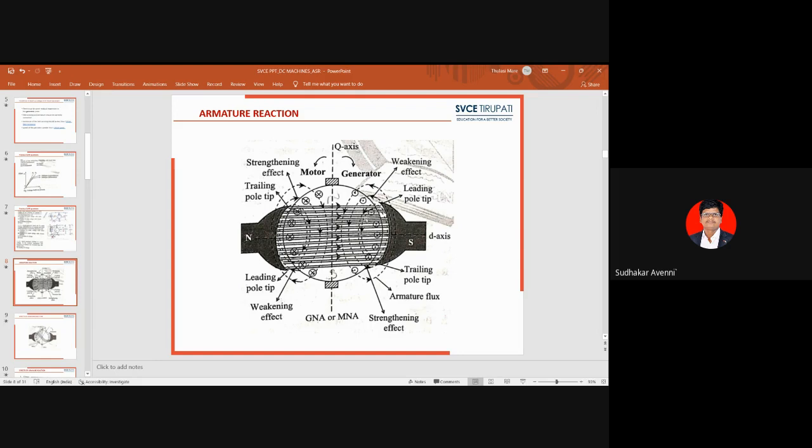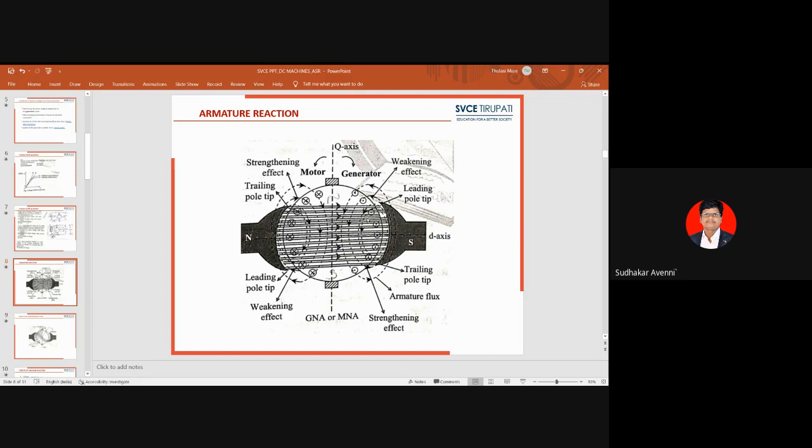And with the demagnetization effect, the main field flux is reduced. When the main field flux is reduced because of armature reaction, the generated voltage is reduced. So because of this demagnetization effect, there is a reduction in the generated voltage.